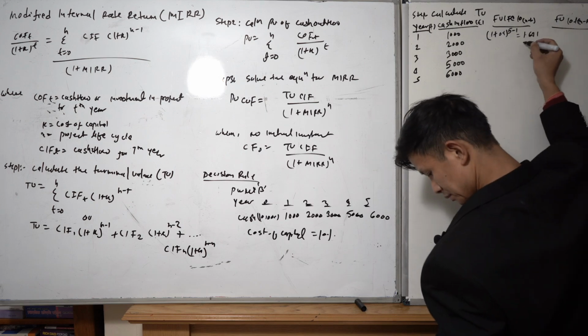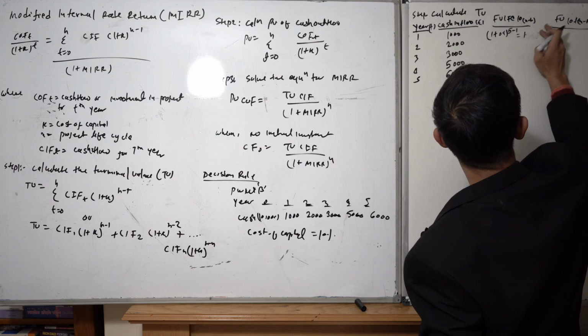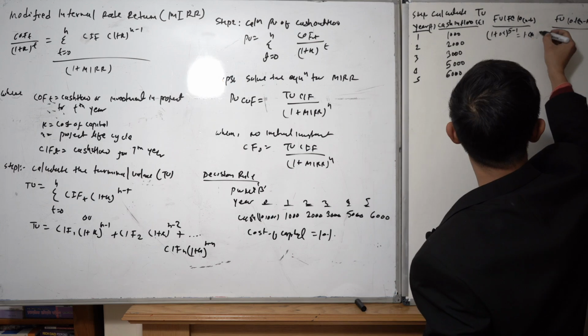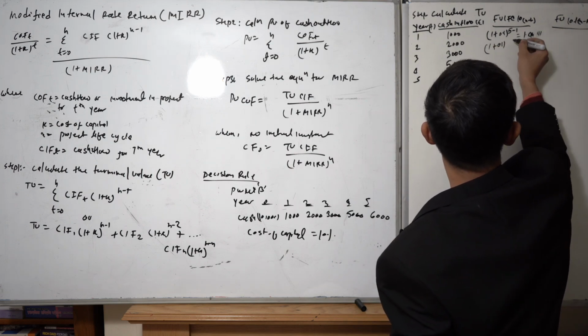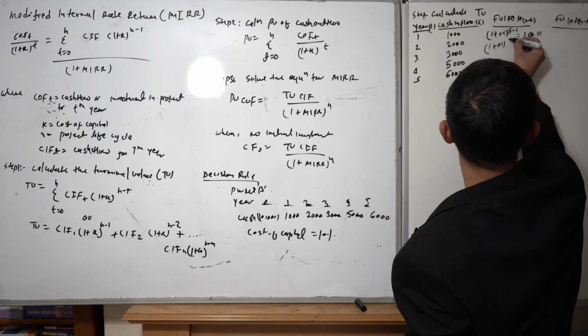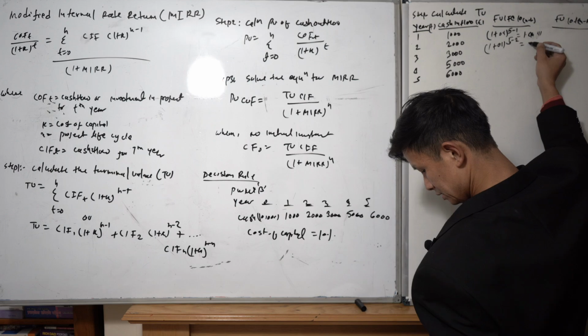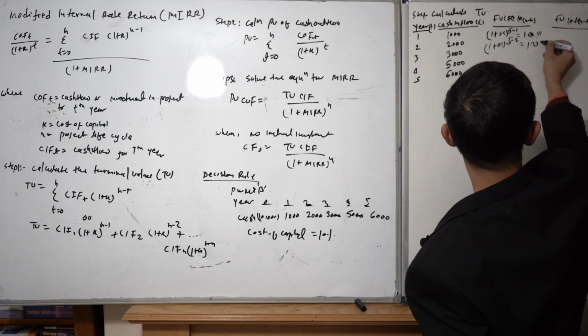So that means we get here 1.4641, or this one, 1 plus 0.1 power 5 minus 2. We get the value here as 1.3310.